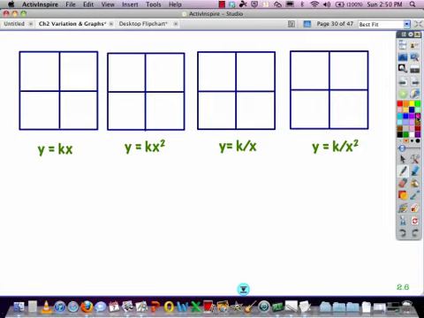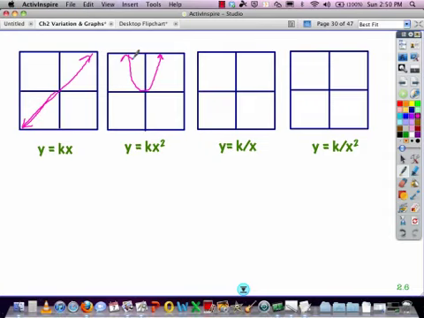When we say y equals kx, and we'll assume right now the k values are positive, we should know we would have a line that runs through the origin and goes through the first and third quadrants. We know y equals kx squared is a parabola that goes in the first and second quadrants, again goes through 0, 0, and is symmetrical. So you start thinking about all those characteristics that we can talk about.